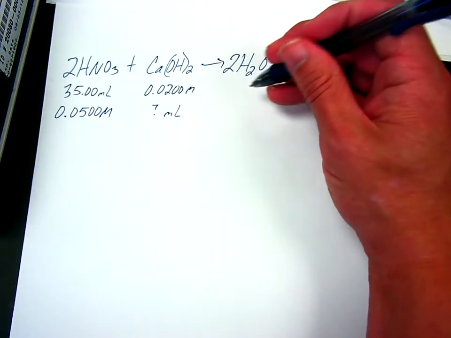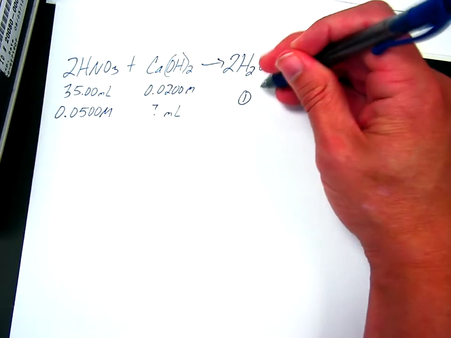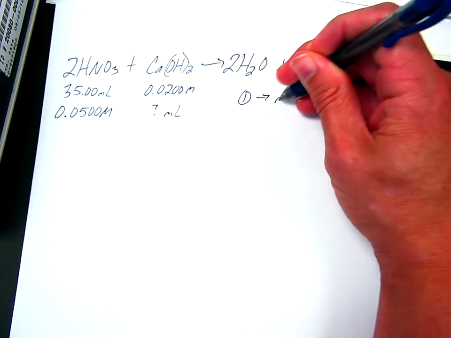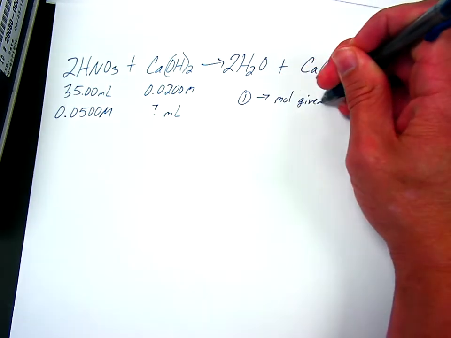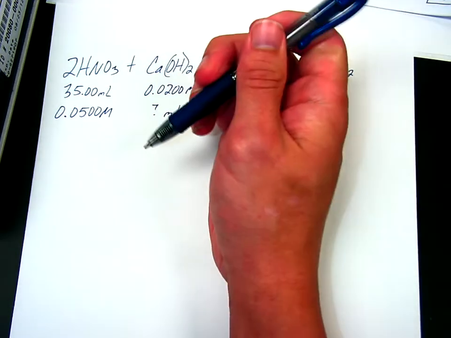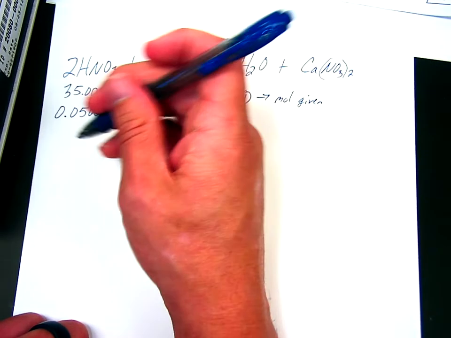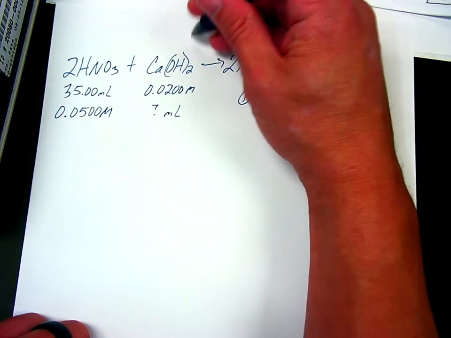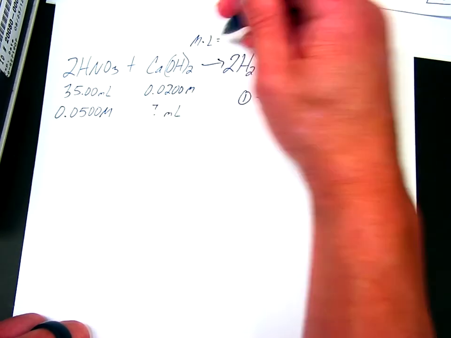So anyhow, step number 1 is I need to go to moles of given in a titration. So here's the item that I have all my given info on. I'm going to multiply these together because I know that molarity times liters equals moles.